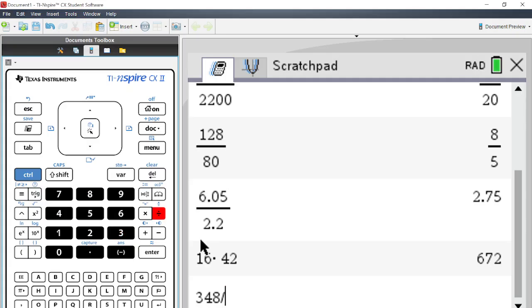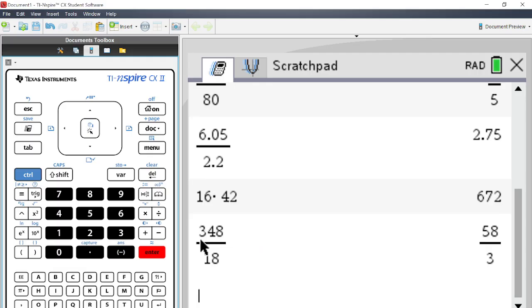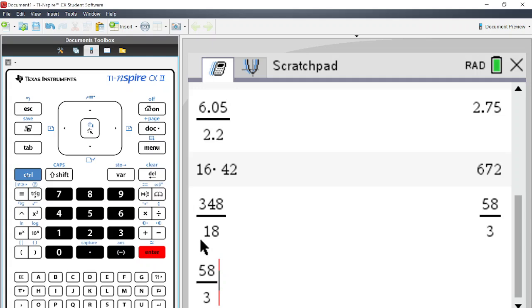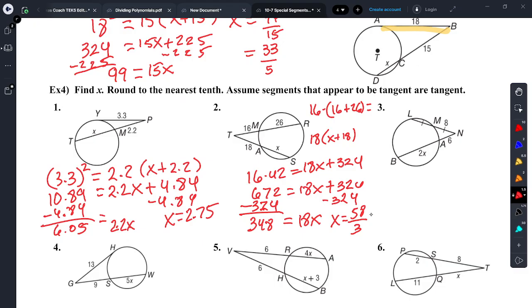Sounds like it might be a whole number. Is it a whole number? No, 58 thirds, right? So x is 58 thirds. If they wanted you to round that to the nearest tenth, if you have an Inspire, you can grab that and just do Control Enter. It'll give you the decimal, 19.3. Yeah? So about 19.3.